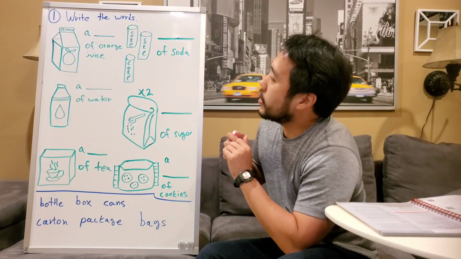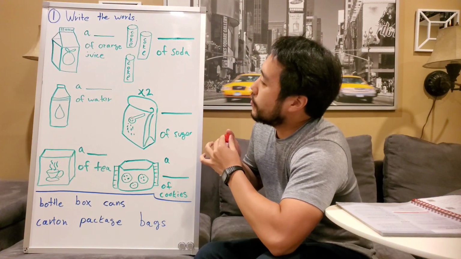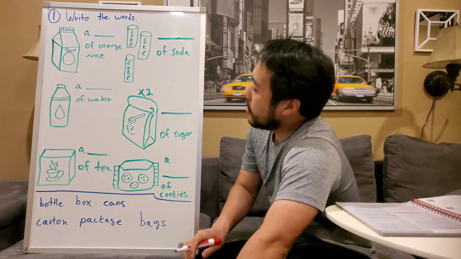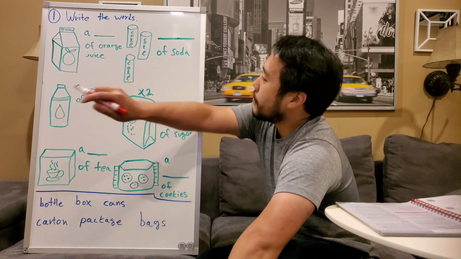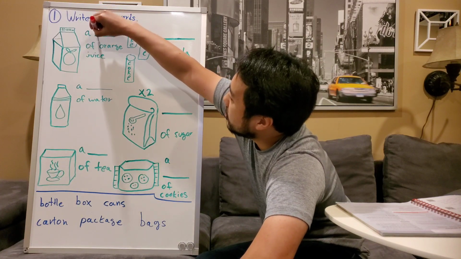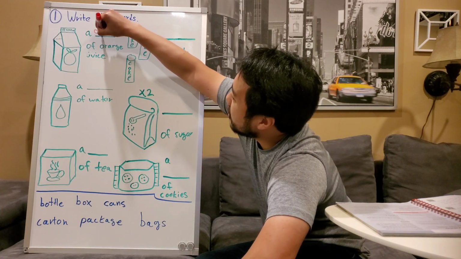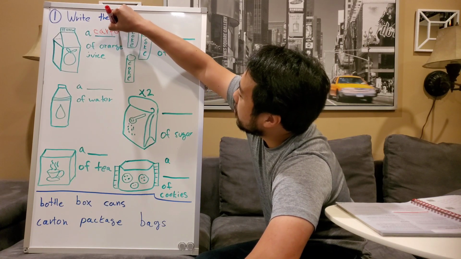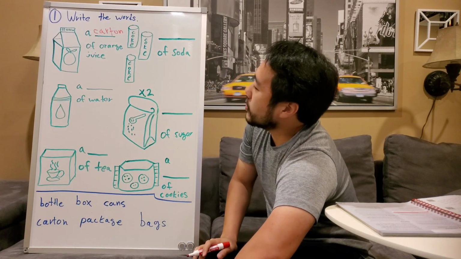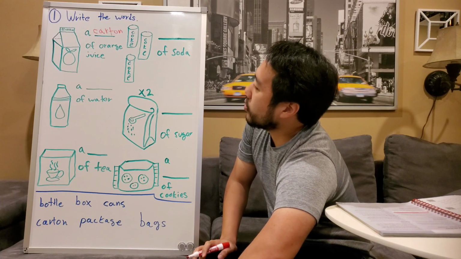So here is orange juice. If we look at the noun here, this is a carton, C-A-R-T-O-N. So we say a carton of orange juice.